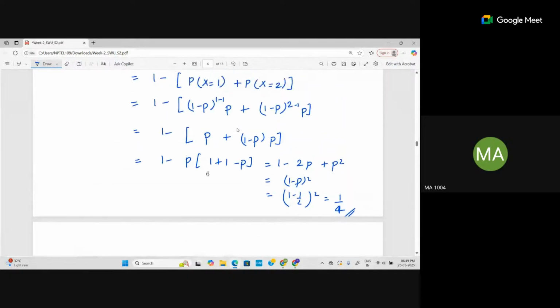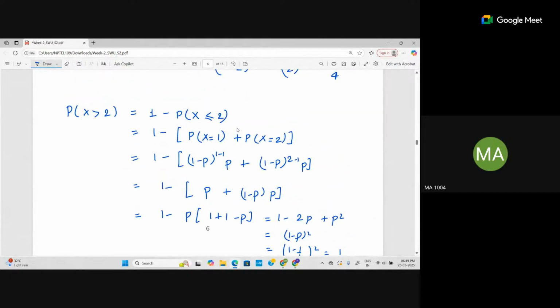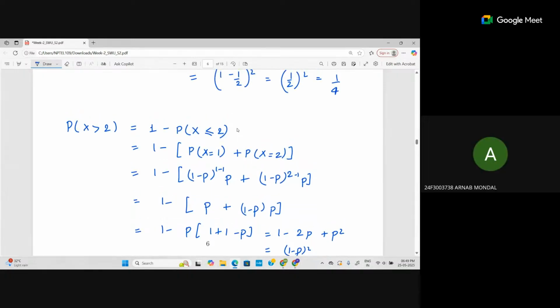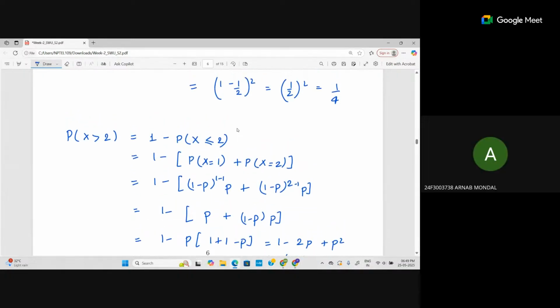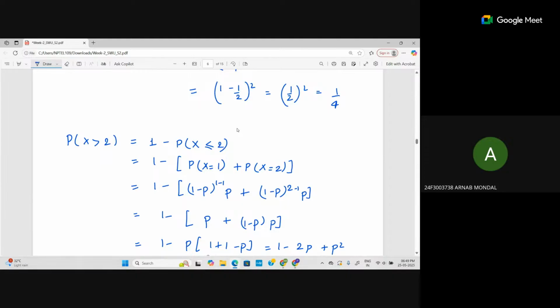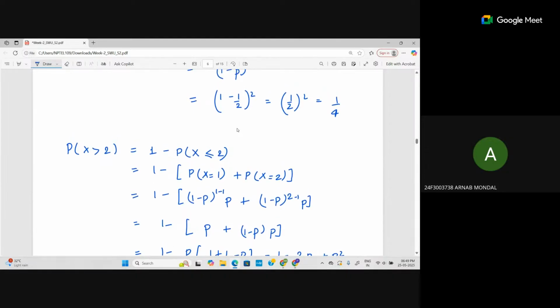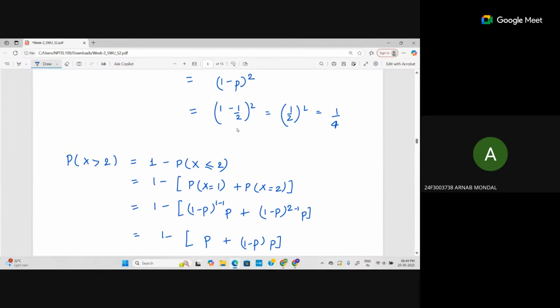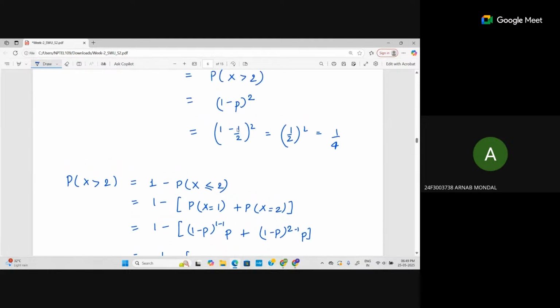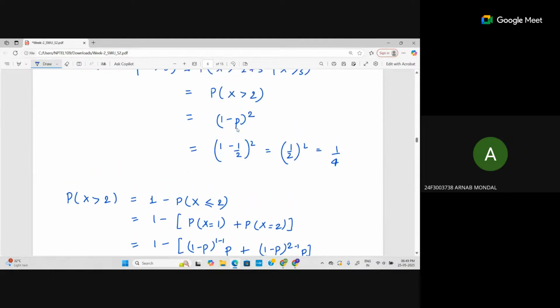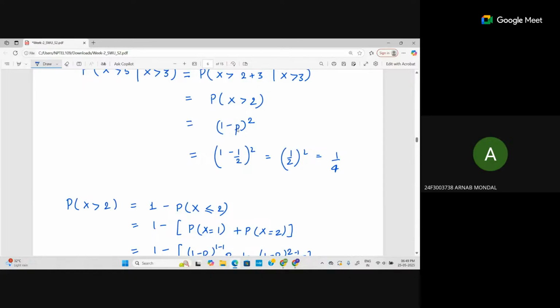Okay, is there any question from this question? Can you show this slide? Which part? This part only. X is greater than 1.